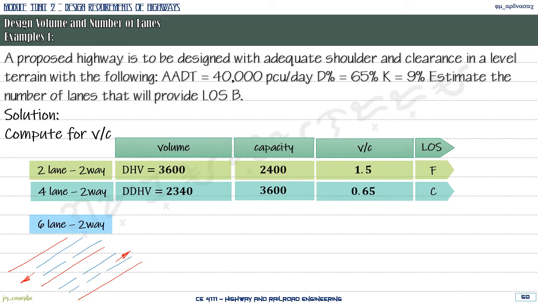So in here we have now 1, 2, 3, 4, 5, 6 lanes with 2 ways. And a 6-lane 2-way is a multi-lane highway.